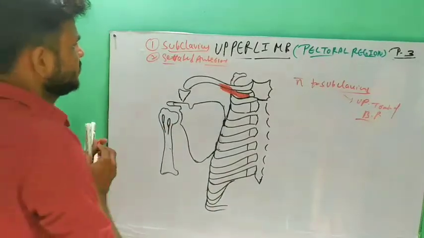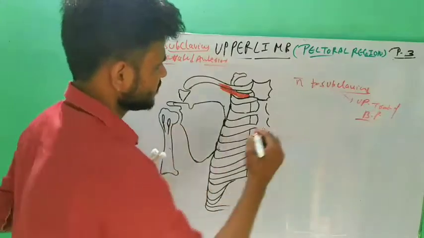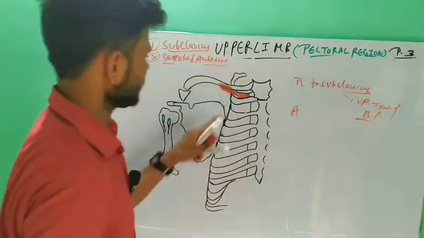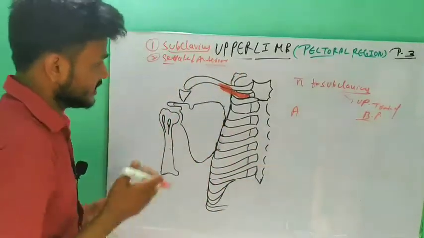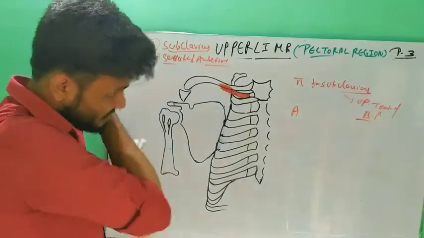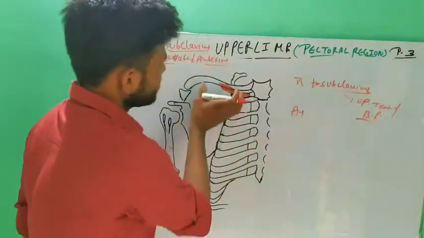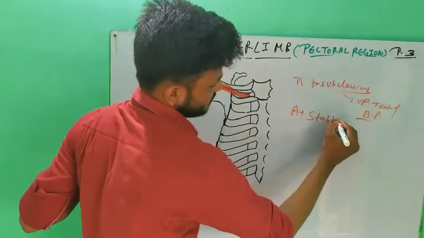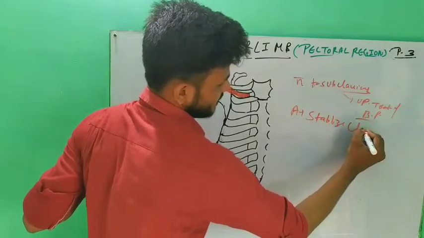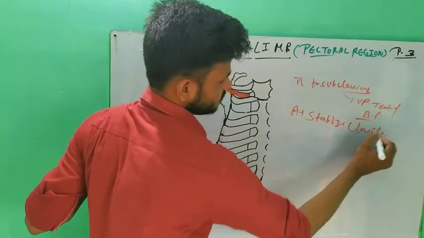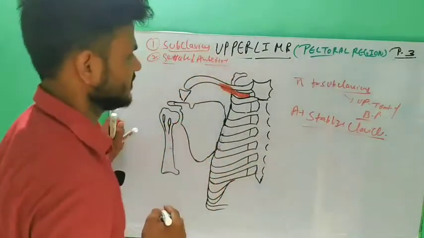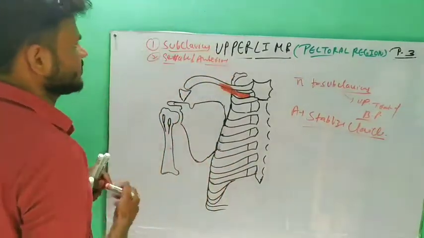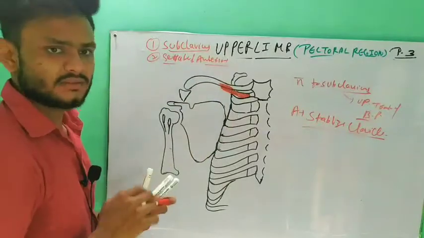Now the action of this muscle: it will stabilize the clavicle. So this is all about the subclavius muscle.